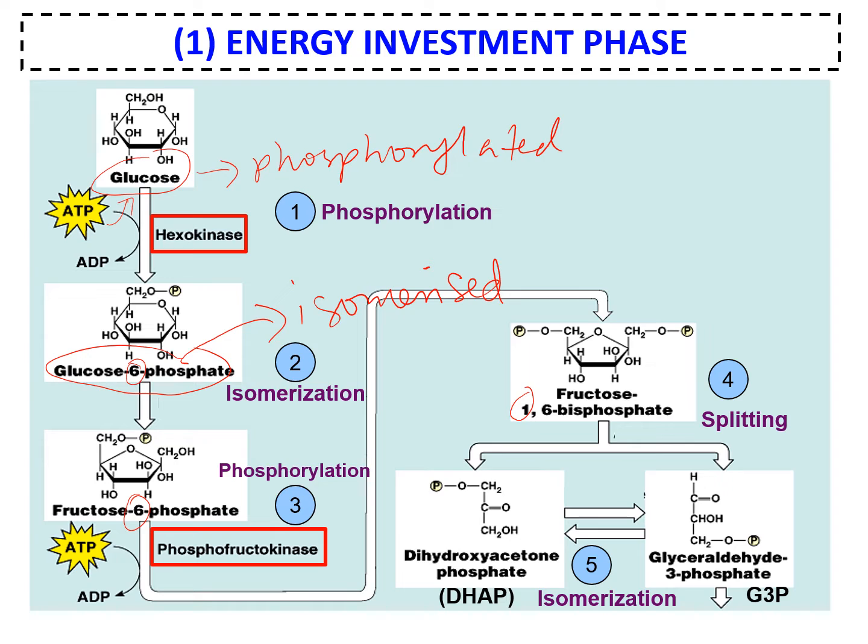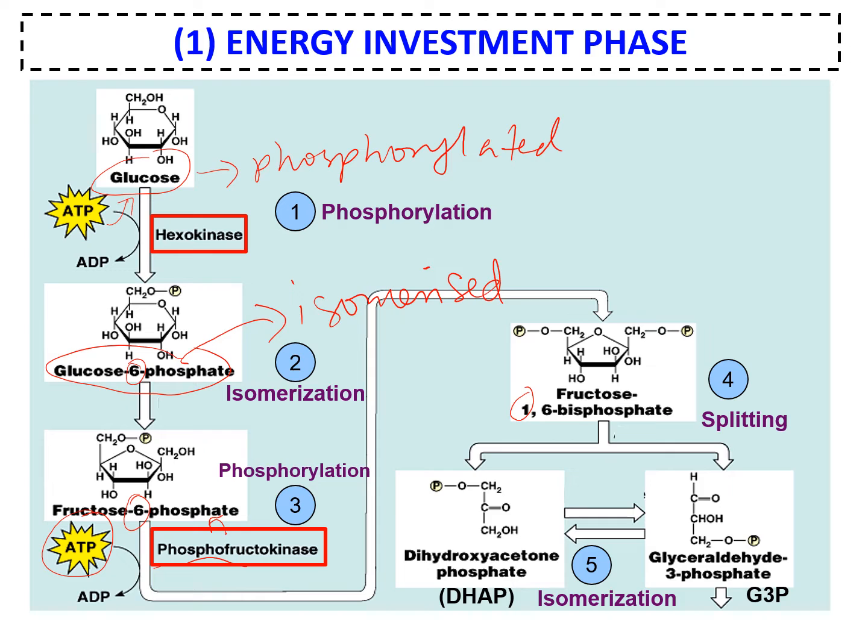So, as we can see, phosphorylation involves the use of ATP. This is the second ATP that is used during the energy investment phase. The enzyme involved in this phosphorylation process is phosphofructokinase, because the substrate is already fructose 6-phosphate.